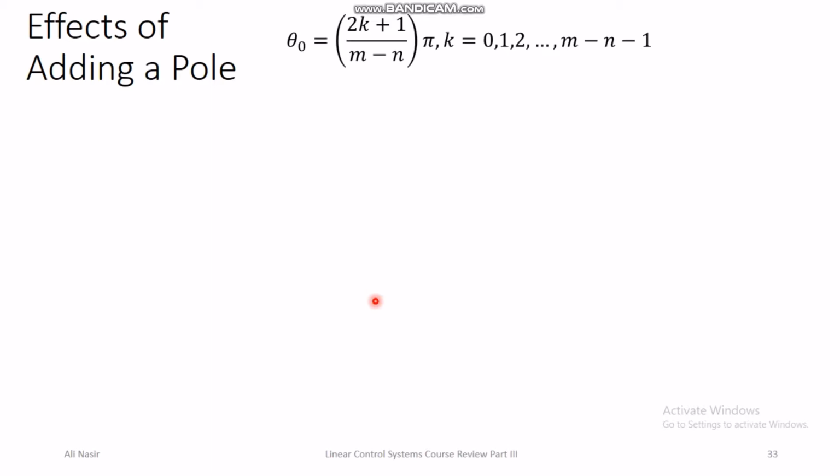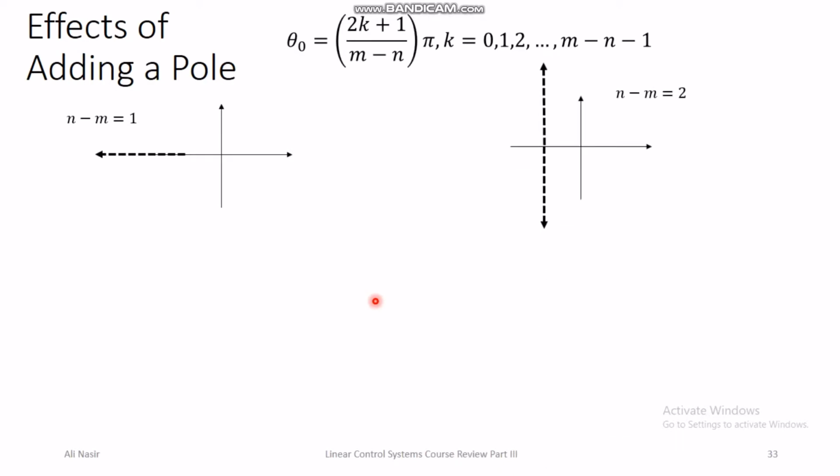Before, we studied the effect of adding poles and zeros just theoretically, without any underlying theoretical foundations. But here we can have the root locus foundation for our arguments.